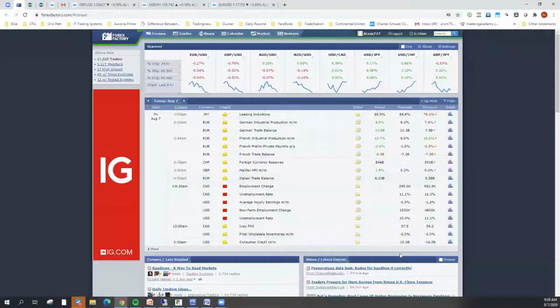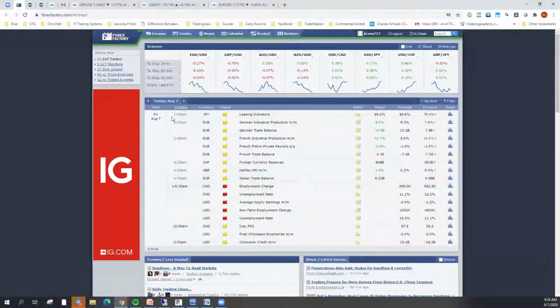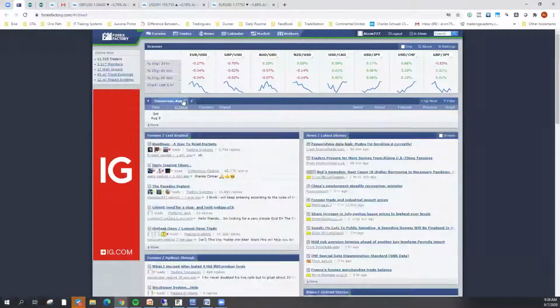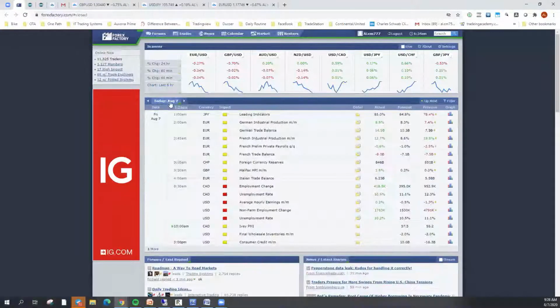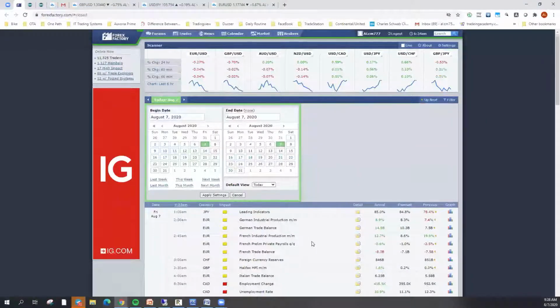Oh, it doesn't have the actual yet. You have to maybe reload the chart. Yeah, refresh. There it is.